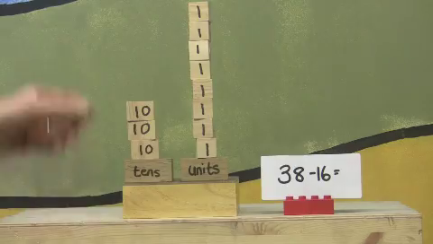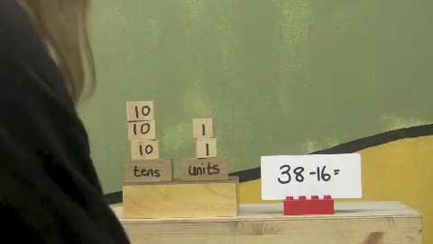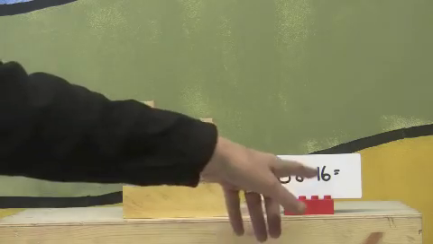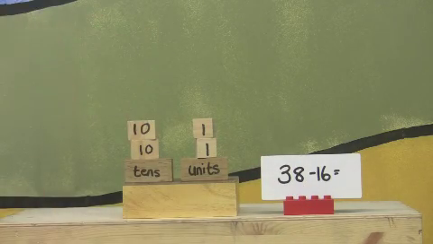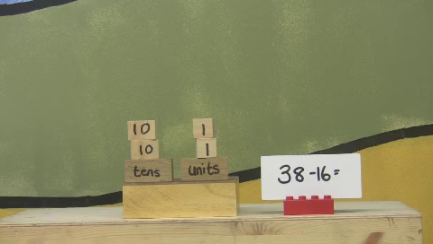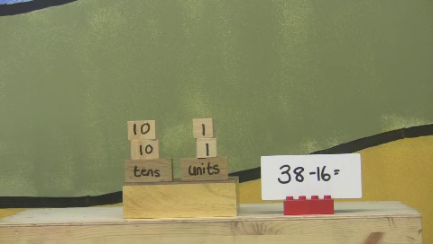Units first. 8 take away 6 leaves 2. Over to the tens. 3 take away 1 leaves 2. So I've got 2 tens and 2 units, 22.